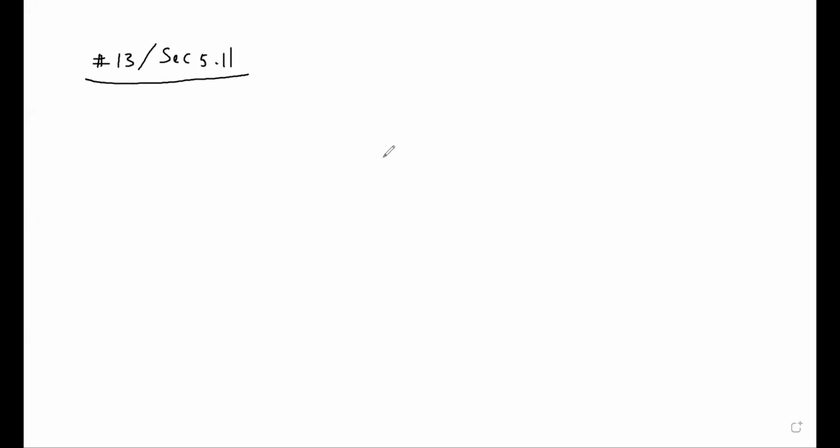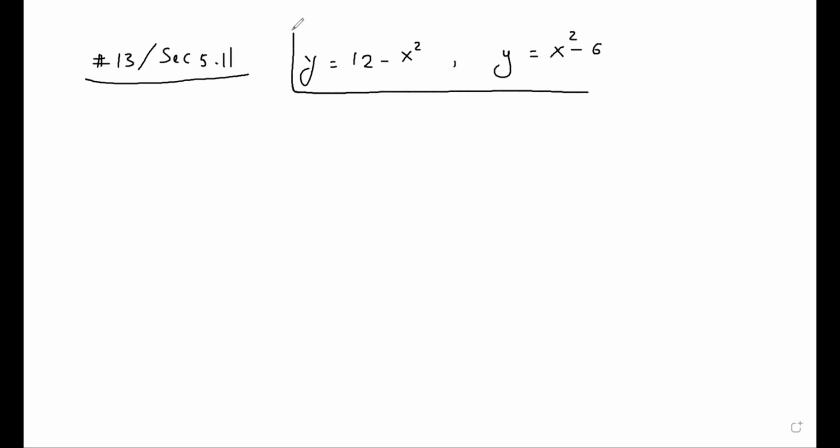They don't give you any picture, they just tell you y equals 12 minus x squared, and the other one is y equals x squared minus 6. So these are the curves that cut out my domain.